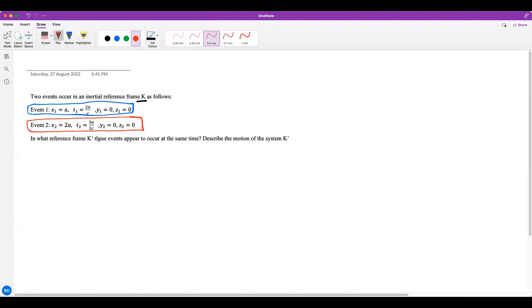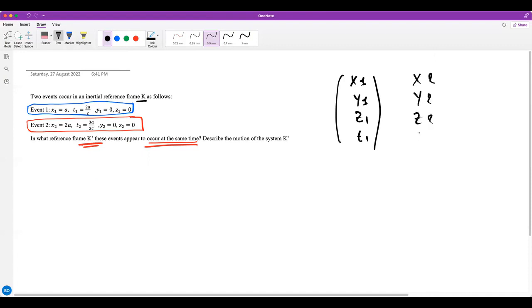The question is, in what reference frame, K prime, these two events will appear to occur at the same time, will appear to be simultaneous. So let's assume those events are in a reference frame K. The event has x1, y1, z1, t1, and x2, y2, z2, t2.